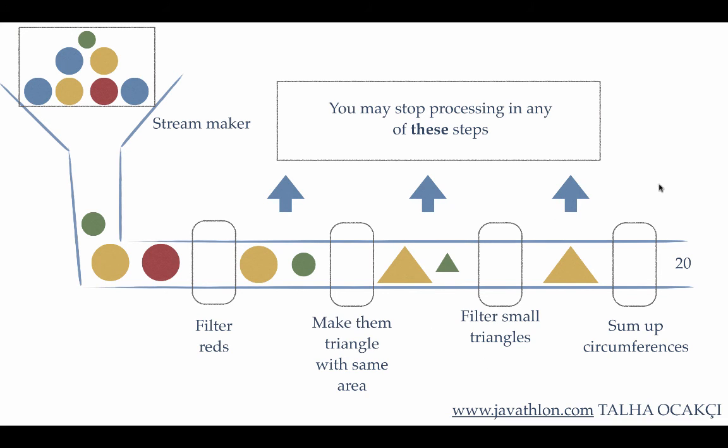So in our case, this functional interface sums up the circumferences of these triangles and gets an integer value. It is 20, and when we reach a regular object, a single object, all the processing of the streams is done. We call these operations intermediate operations because they get a stream and output another stream, but we call this operation a terminal operation because it gets a stream but outputs a regular object or collection.